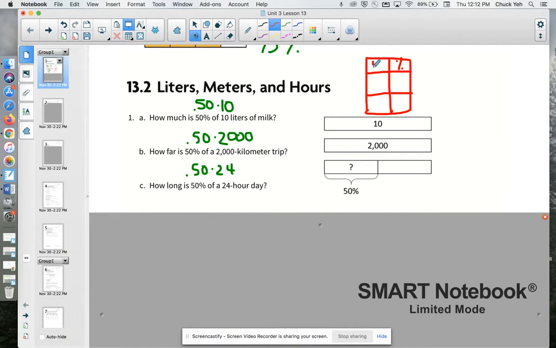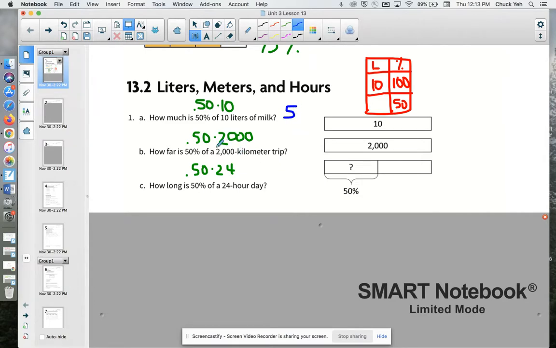This is liters of milk. 100% is 10. We want to know what 50% of it is. So all you need to do is cross multiply and divide. And then, of course, your answer is 5.